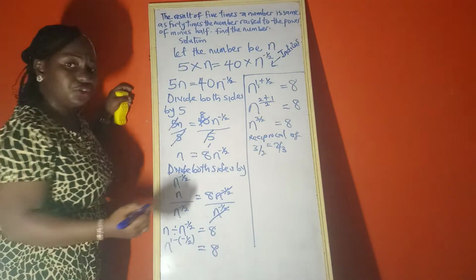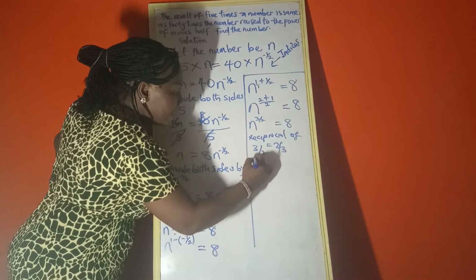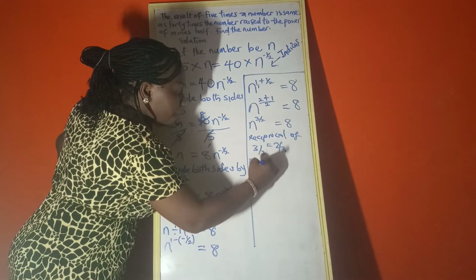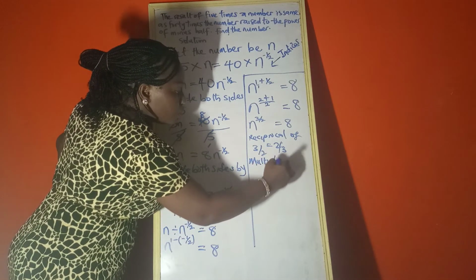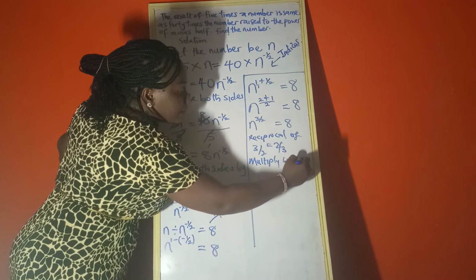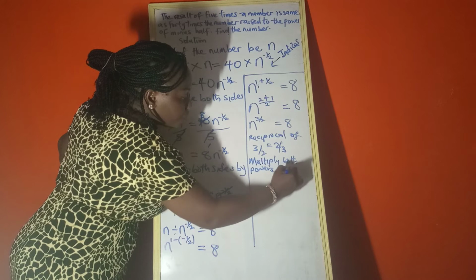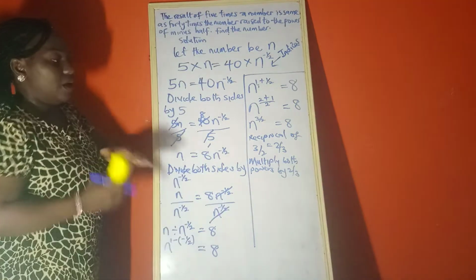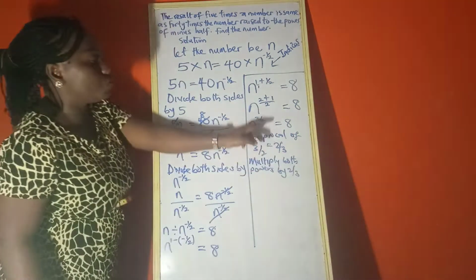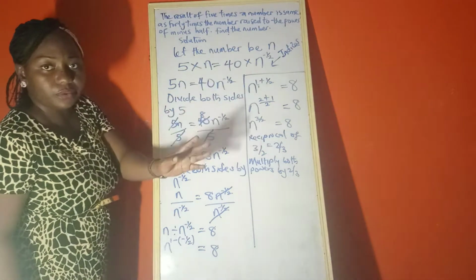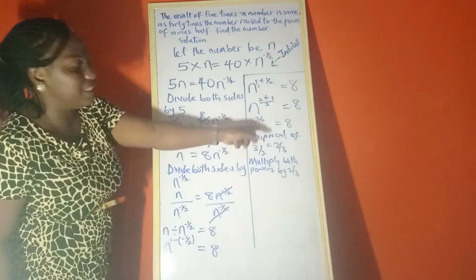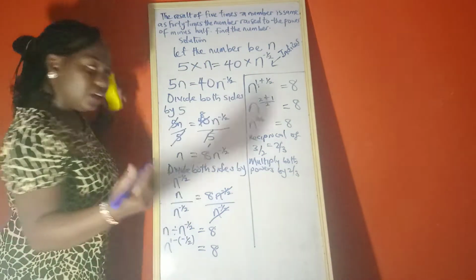So what I want to do is to multiply both powers by 2 over 3. Now, why I'm doing that is to make n to be alone, so that I'll be having n raised to power 1 eventually, like this.